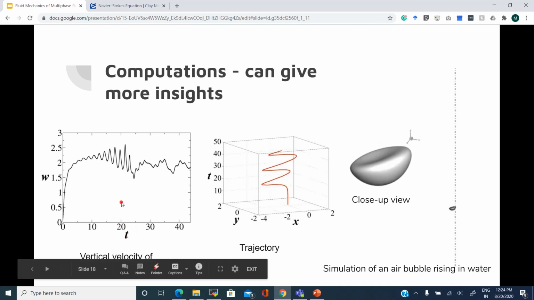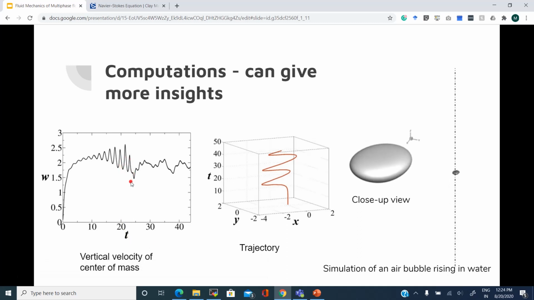Now calculating something like this is very difficult in experiments, and this cannot be done using theory. Theory in fluid mechanics you can only use after a lot of assumptions, after simplifying the equations, or for 2 dimensions or 1 dimension. And 2 dimensions also only for limited cases with a lot of assumptions.